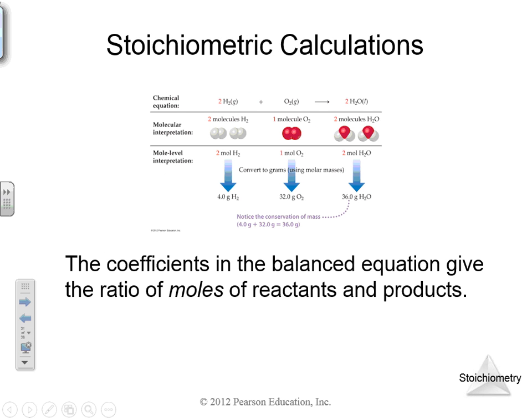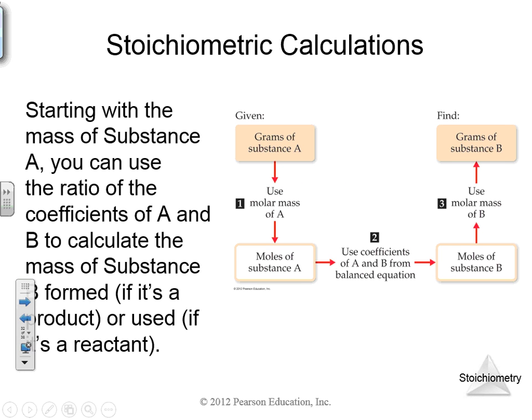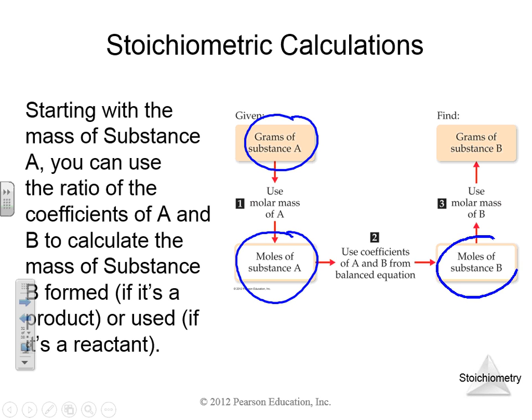Stoichiometry: when we talk about doing stoichiometry calculations, remember, we have to have a balanced equation using coefficients. One thing that you'll want to note, remember, when we're going from one substance to another, we can't go straight grams to grams. We have to use molar masses. So we're going to go from grams of A to moles of A to moles of B, then to grams of B. In between, it shows you the 3-step railroad track process that you have to use for that.